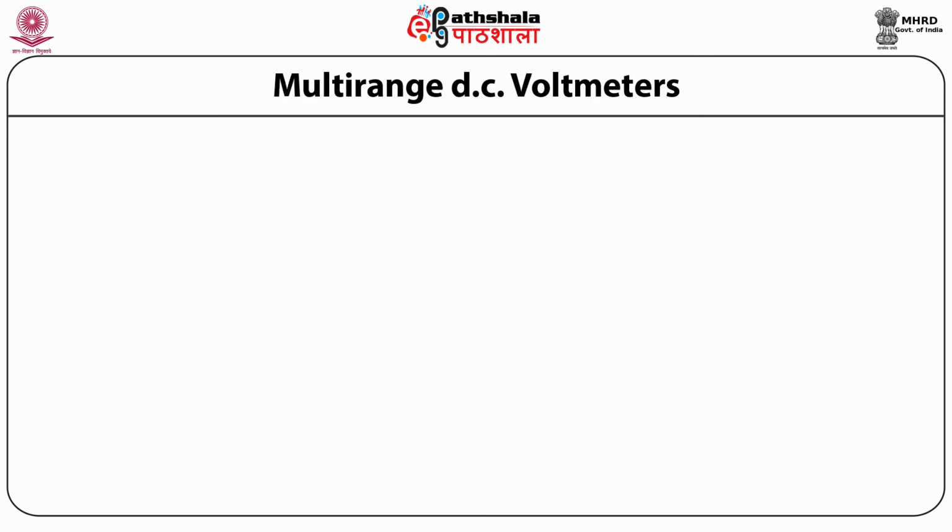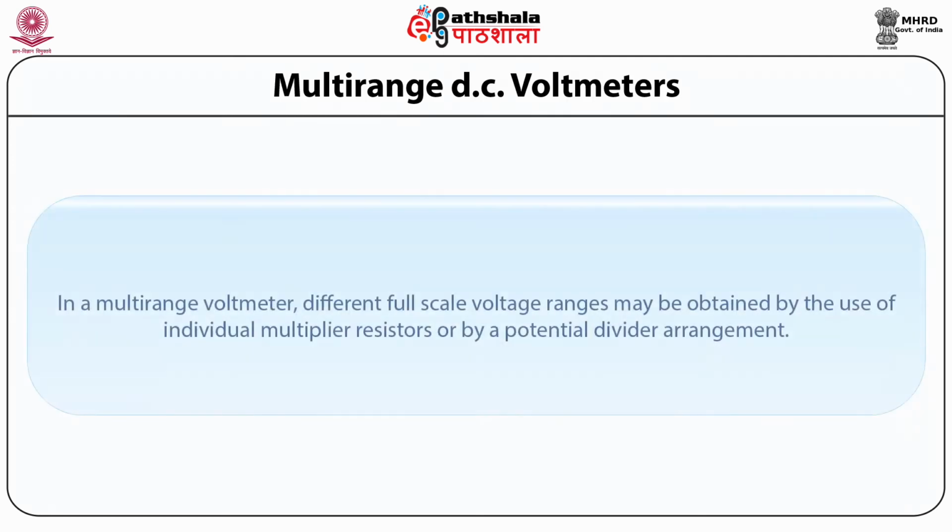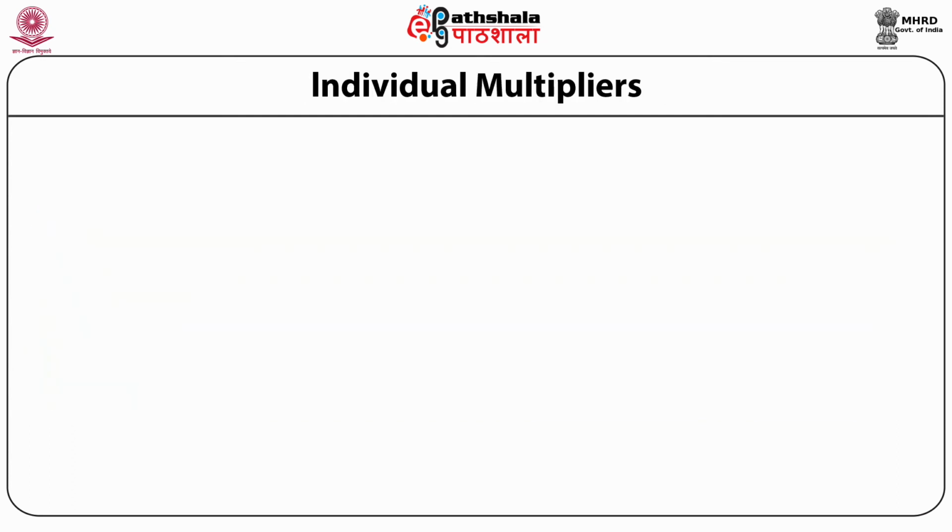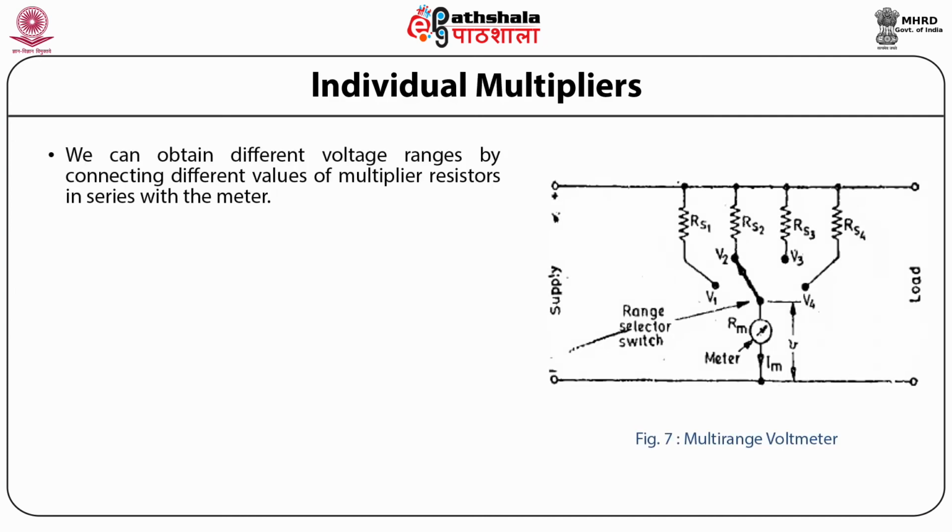Now, let us study the multi-range DC voltmeters. In a multi-range voltmeter, different full-scale voltage ranges may be obtained by the use of individual multiplier resistors or by a potential divider arrangement. First, individual multipliers. We can obtain different voltage ranges by connecting different values of multiplier resistors in series with the meter.